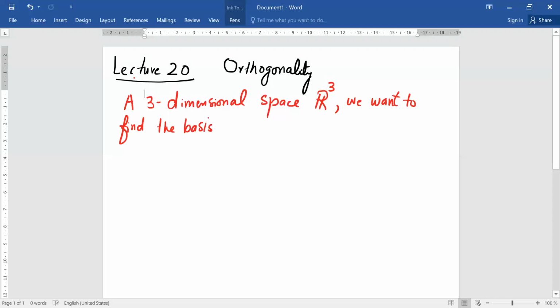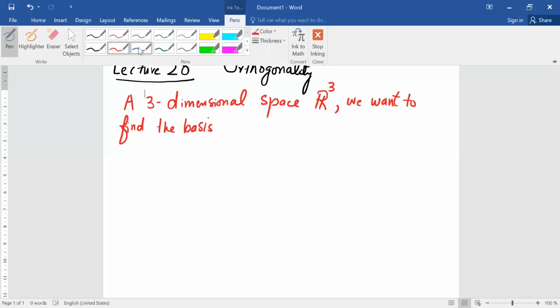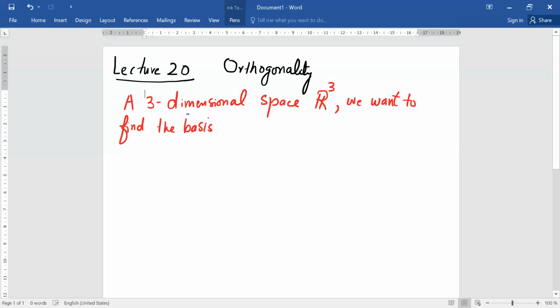So you remember from my last lecture that we talked about the basis. Okay, and this is a very unique word. Actually, it means the set of a couple of independent vectors. If you take a linear combination of those, then they will form the whole space for which that basis is defined. So we're going to find the basis for it.